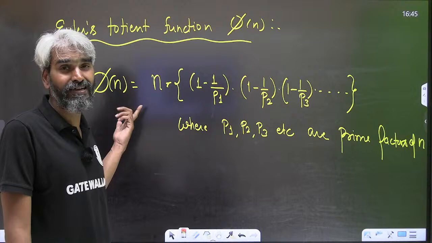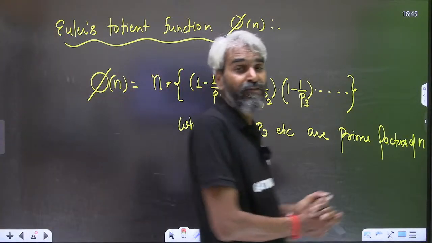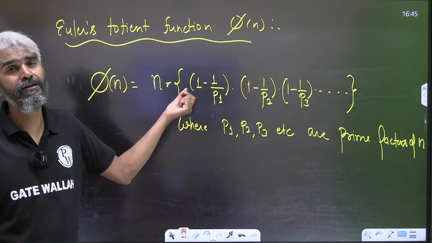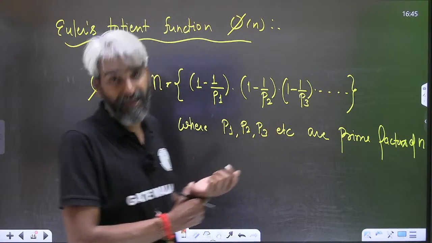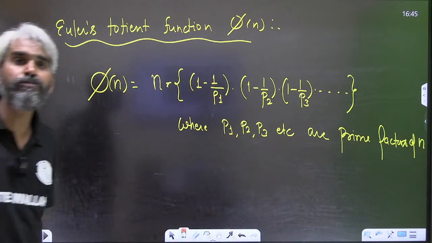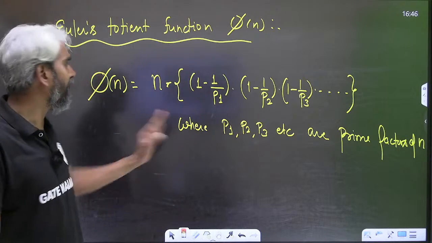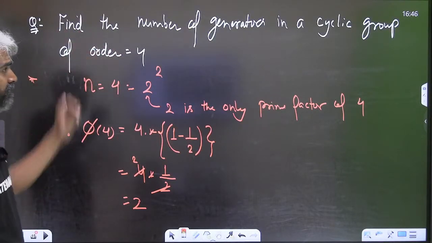If n is an integer such that p1, p2, p3 up to pk are its prime factors, then phi n will be nothing but n into 1 minus 1 upon p1 into 1 minus 1 upon p2 into 1 minus 1 upon p3 up to 1 minus 1 upon pk. How many terms will be there? It depends on how many prime factors your number n has. Just in this particular case, it is the simple case.